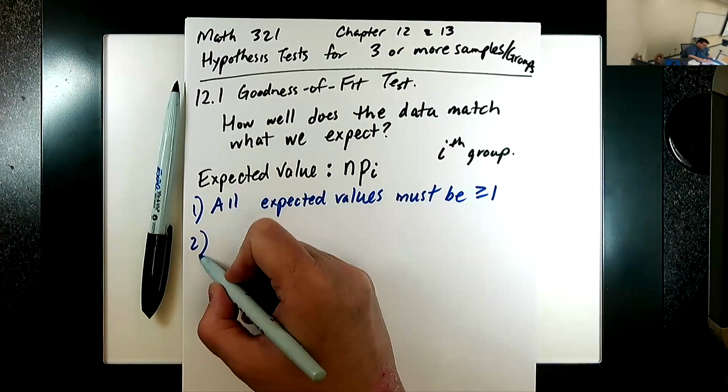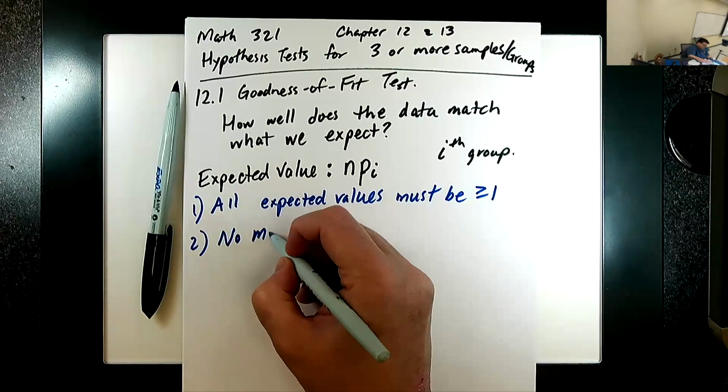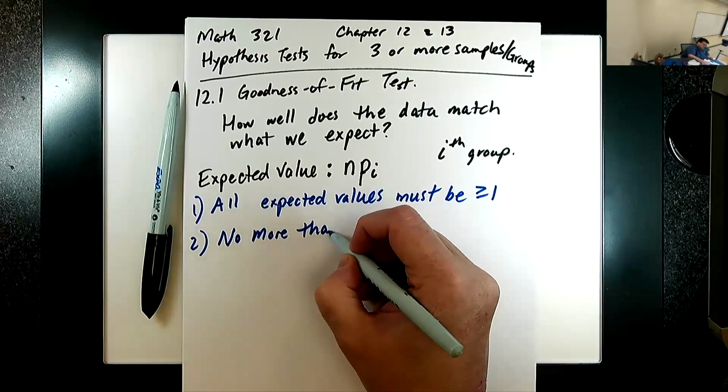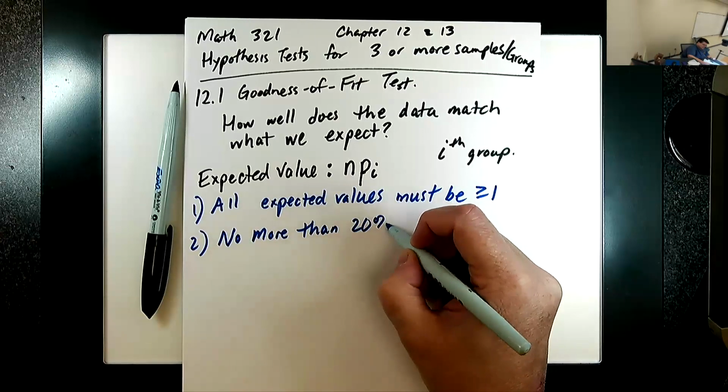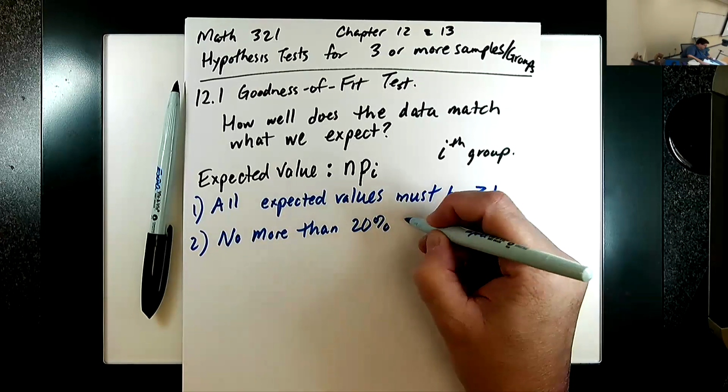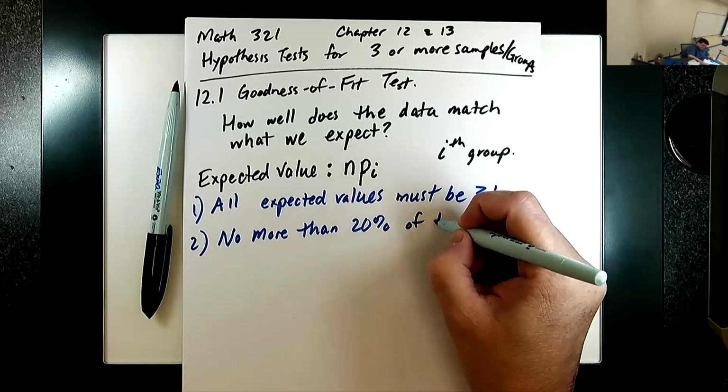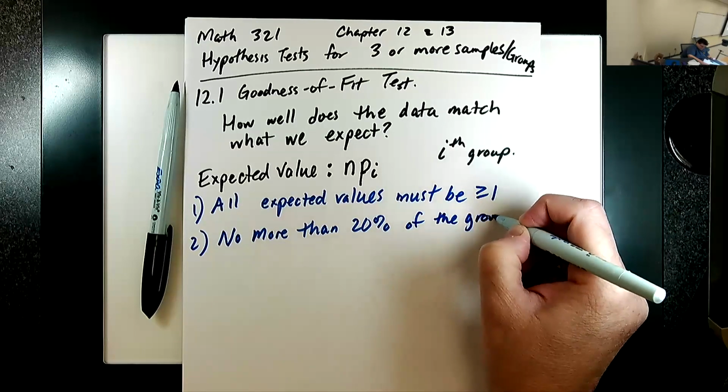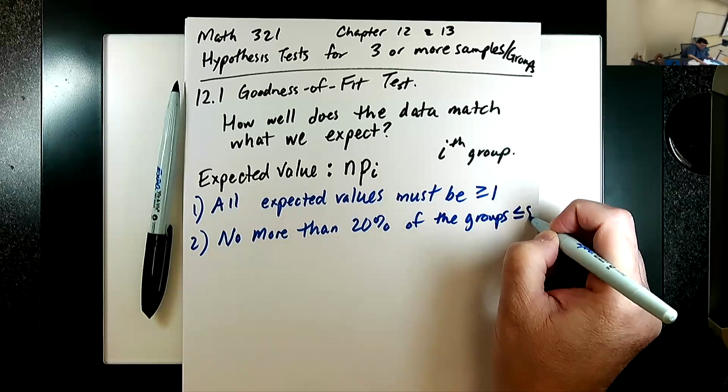And 2, no more than 20% of the groups is less than 5.